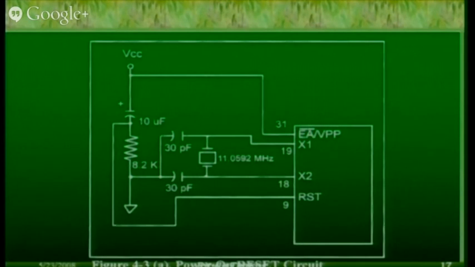So this is a basic microcontroller circuit which all of you must design initially. After that, depending on the interfacing you have to do, you will make connections accordingly. Okay?